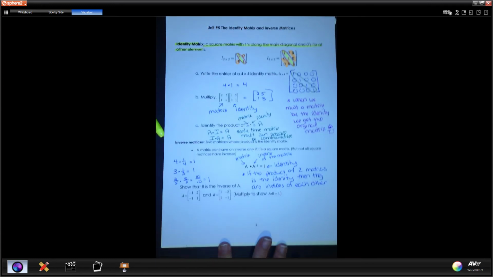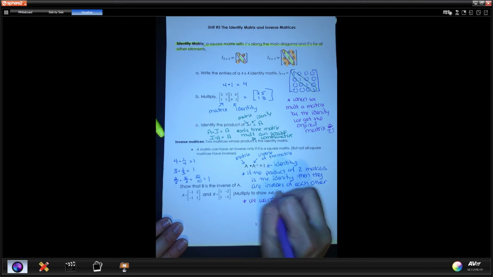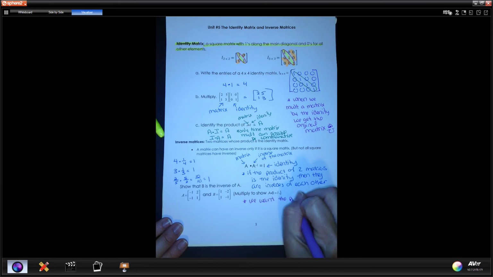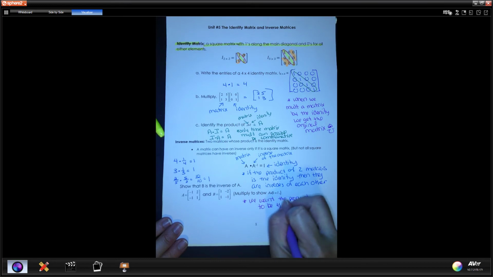And then the last little thing is we want to show that B is the inverse of A. So all we're going to do is take our calculator and find out what their product is. In order to show that, we want the product to be the identity.